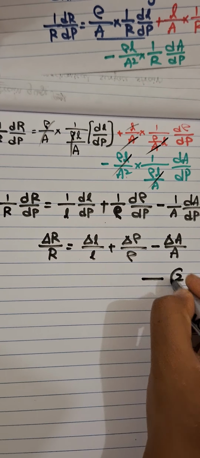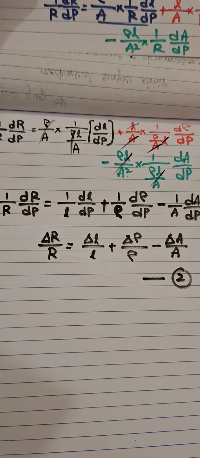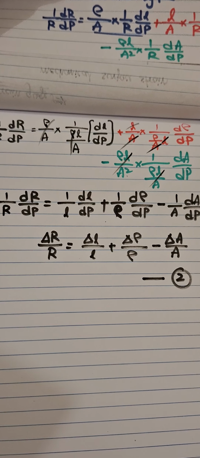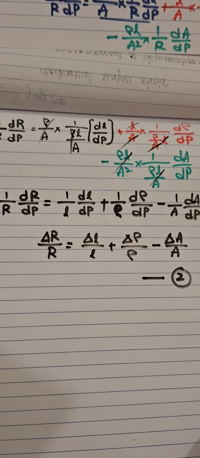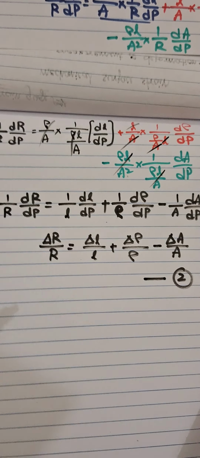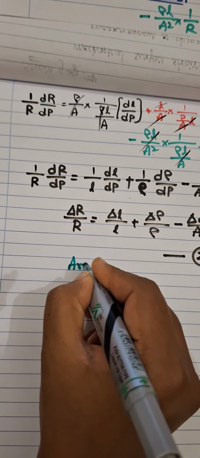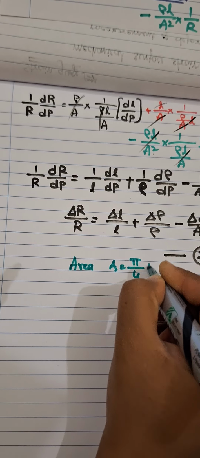So this is my second equation. Now what I am going to say is, the conductor has some diameter and the area is given as A is equal to pi by 4 d square.